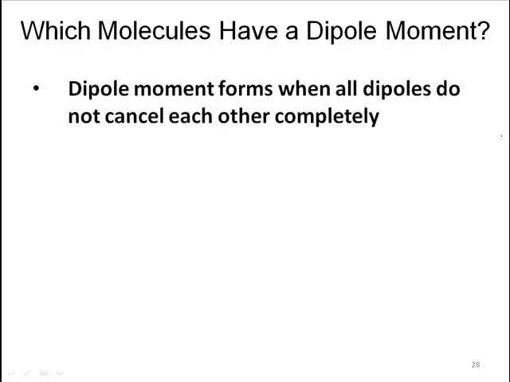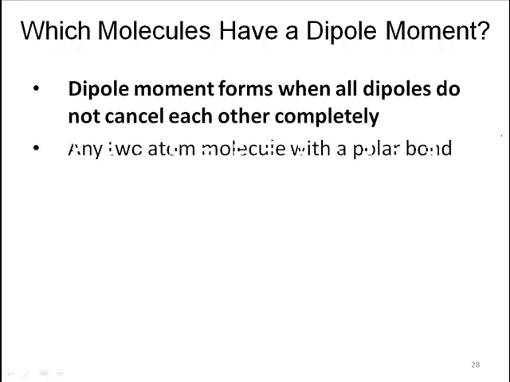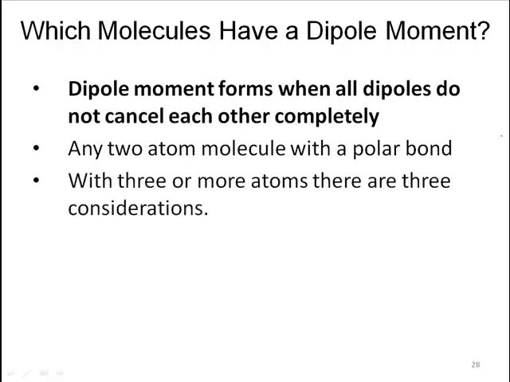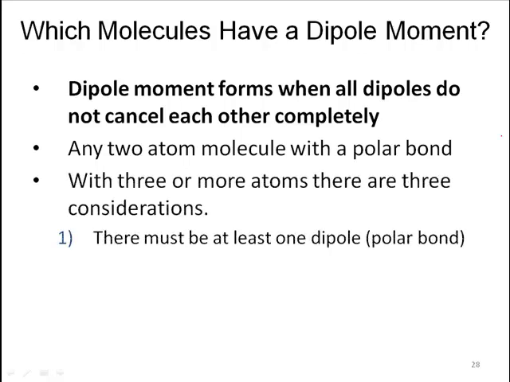So let's look at dipole moments. Which molecules have a dipole moment? A dipole moment forms when all dipoles do not cancel each other completely. Any two-atom molecule with a polar bond has one. With three or more atoms, there are three considerations. First, there must be at least one dipole, so there must be a polar bond.